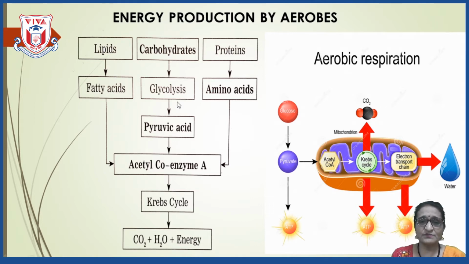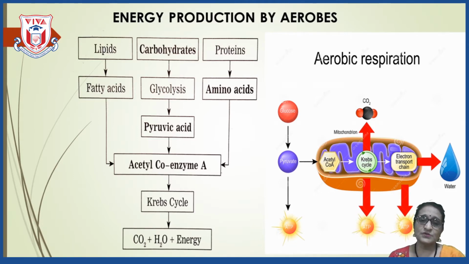In the next slide, we will see that when glucose, which is a simple form of carbohydrate, is taken in our body and absorbed in the blood, this glucose is taken to the different cells, and when it goes to the cells, it undergoes the process called glycolysis. It means breaking of the glucose molecule.